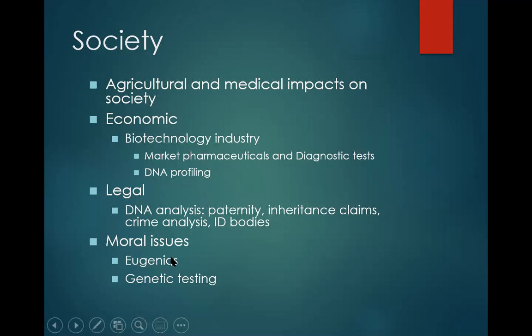And of course, at this point, we come down also to moral issues. Moral issues go back to the time of eugenics, when we first understood how genetics worked. People wanted to use it to determine who should breed with whom in human genetics. So there are lots of moral issues in society that spring from genetics.